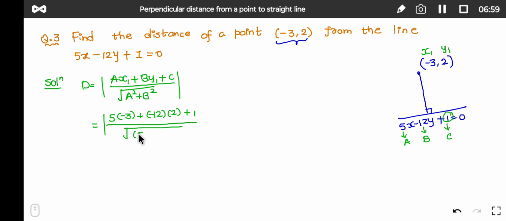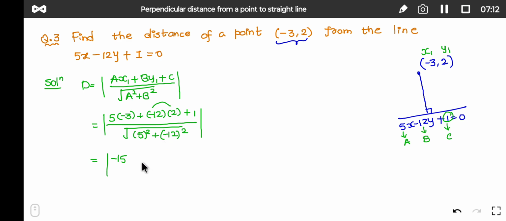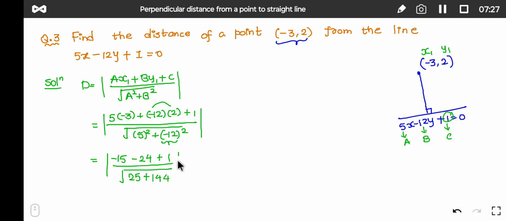So a is 5, so 5 square, plus b is minus 12, so minus 12 square. Multiply the numerator: 5 into minus 3 is minus 15, then minus 12 into 2 is minus 24, plus 1 as it is, divided by square root of 5 square, which is 25, plus minus 12 the whole square, that is plus 144. Square of any negative number is always positive.